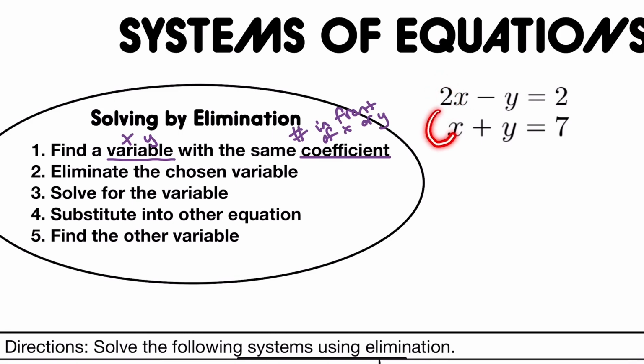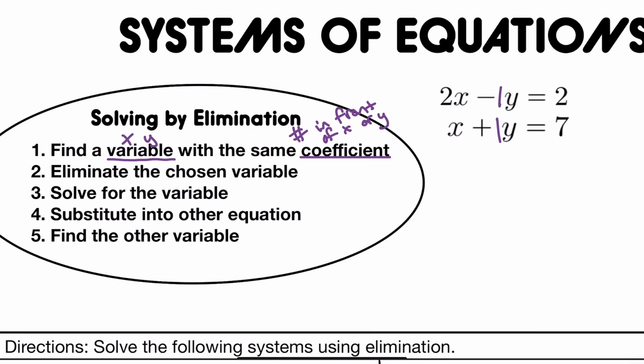For this one, there's nothing in front of it, so that's going to be a 1. And then we have a 1 here and a 1 here. All right, that is what I'm looking for. I want the same number in front of my variables. That's the first thing you're looking for.